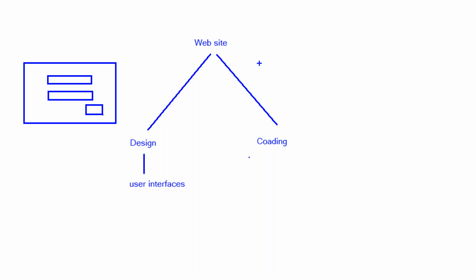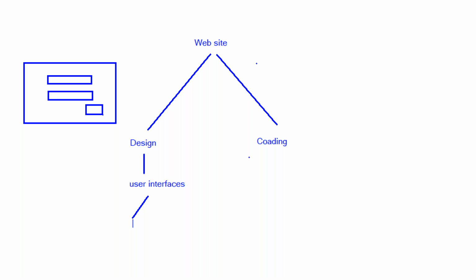So generally, I'm talking about any website. If you take any website, we have two phases. First one is designing phase. Next one is coding phase. So in designing phase, we are creating the user interfaces.